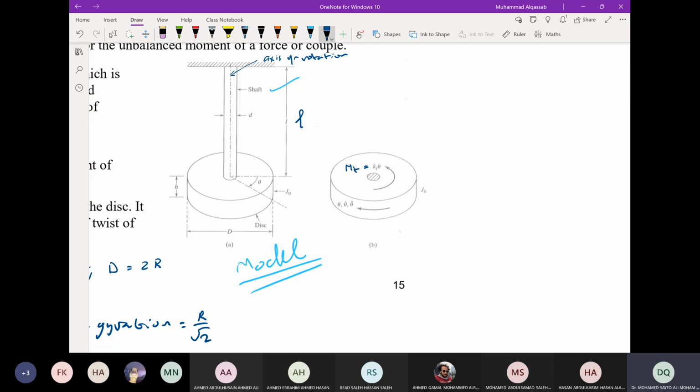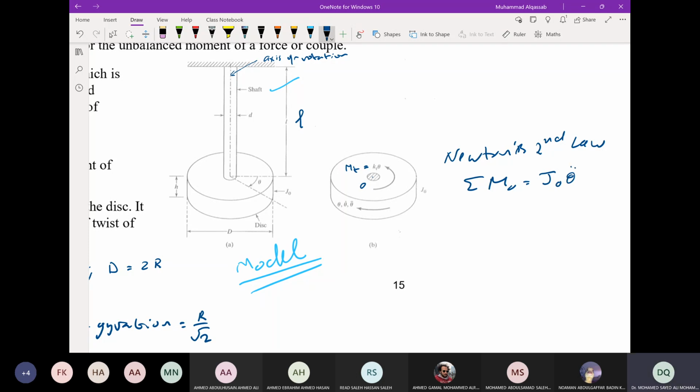Newton's second law in rotation is that the sum of moments about the point O, which is going through the center, the axis of rotation, equals Jo theta double dot. Okay, this is Newton's second law.